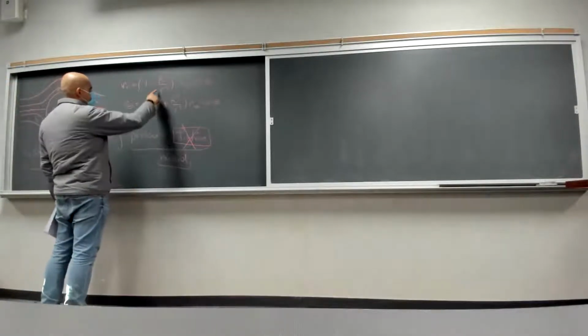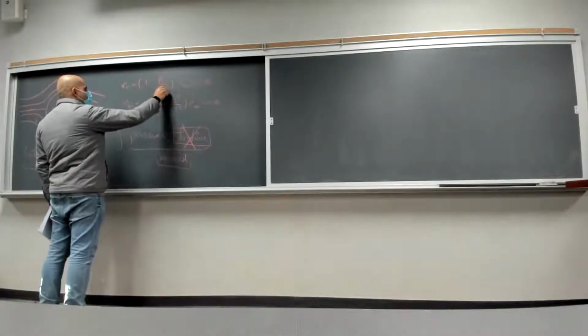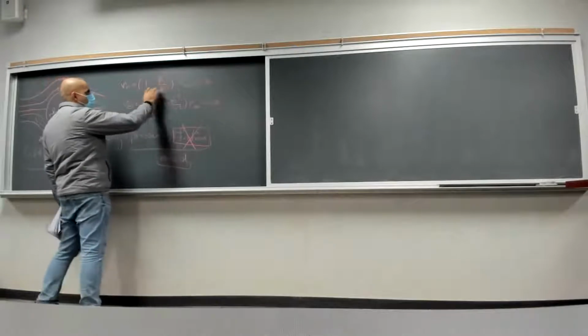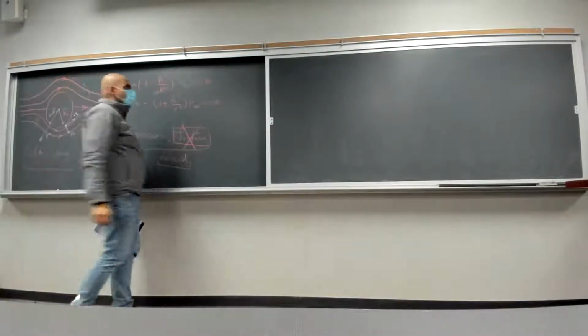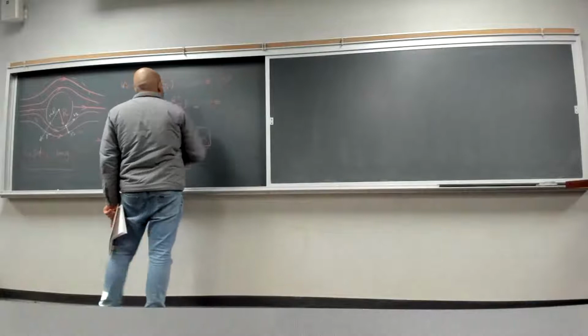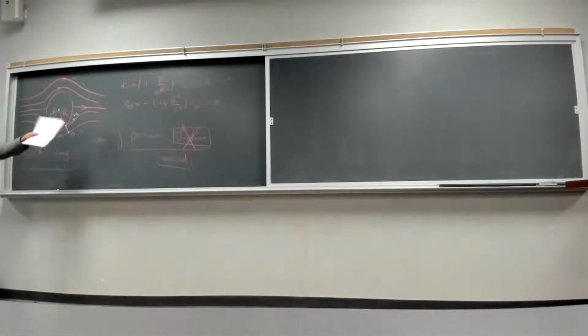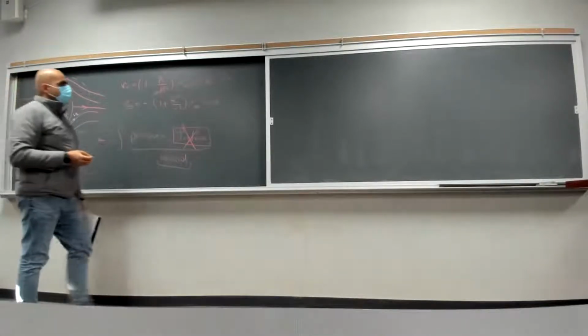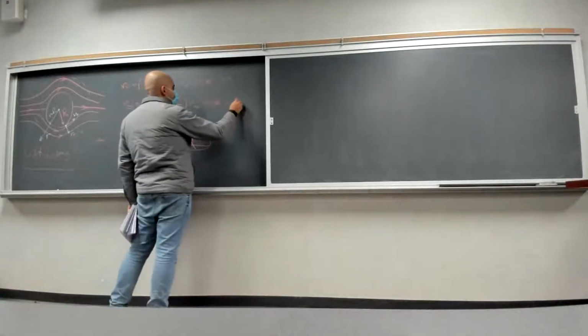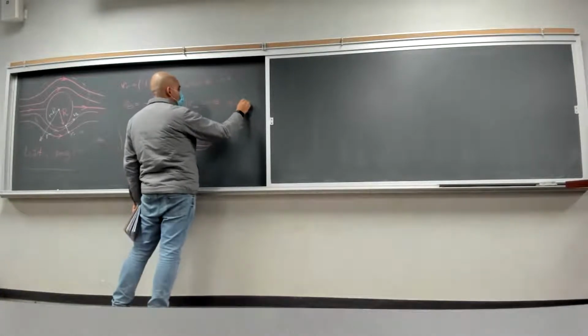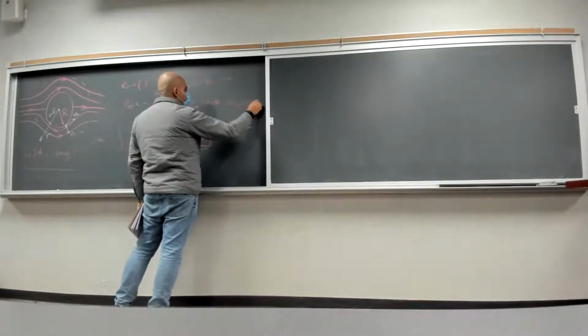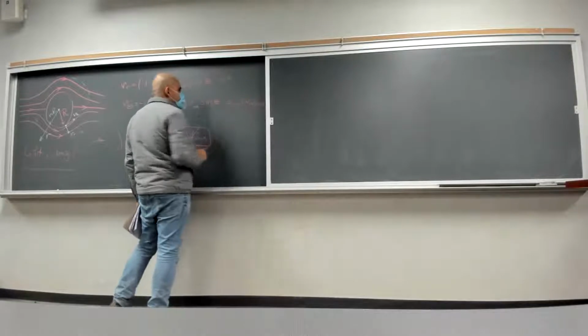If you plug it in here, then we're going to get R squared over R squared, which is 1. 1 minus 1 is 0. So Vr is going to be 0. For V theta, if we plug in R, it's going to be 1 plus 1, 2. So we're going to get negative 2 V infinity sine of theta.